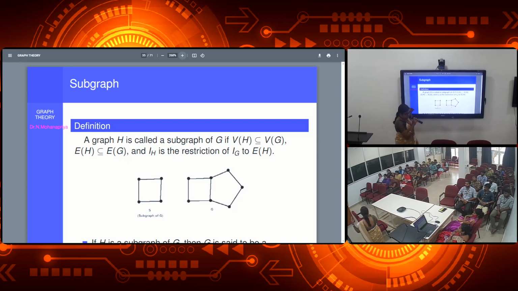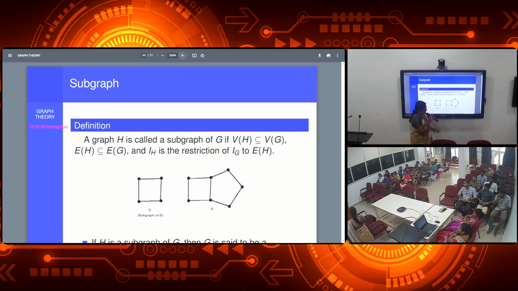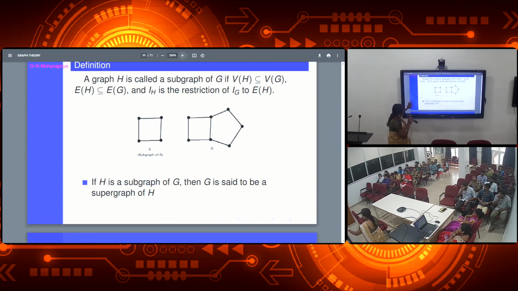From the previous example of graph G with the multiple edges and loop, I have considered only the graph with the adjacency between those four vertices. So this is a subgraph of the graph G, right? A subgraph can be denoted by H. So the original graph will be denoted by G, then the subgraph will be denoted by H.